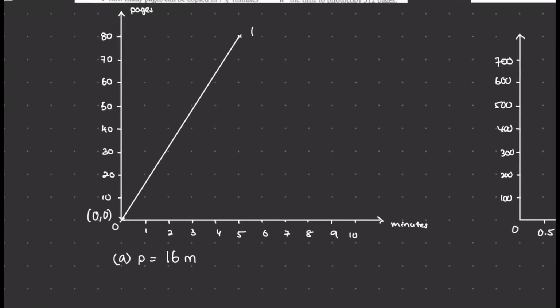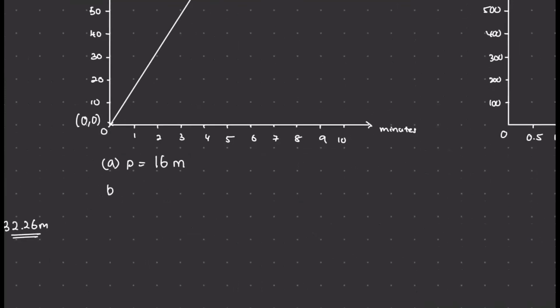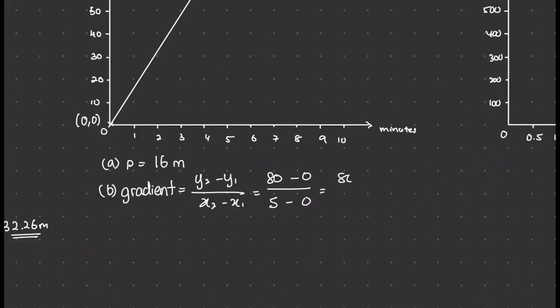But if you don't know, let's just use the normal method. The gradient is equal to y2 minus y1 over x2 minus x1, which is equal to 80 minus 0 over 5 minus 0, 80 divided by 5, 16.